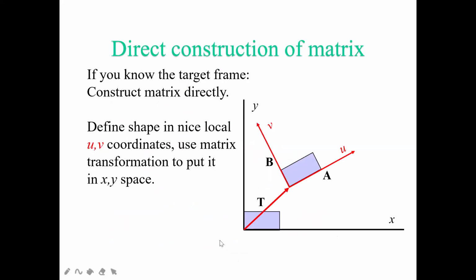Now here you see direct construction of a matrix. How are you going to do it? Suppose you want to target any frame, how are you going to construct your matrix directly? Here you have to define what your local coordinates will be. So let's take our local coordinate system as u and v. Now I have to use the matrix transformations.